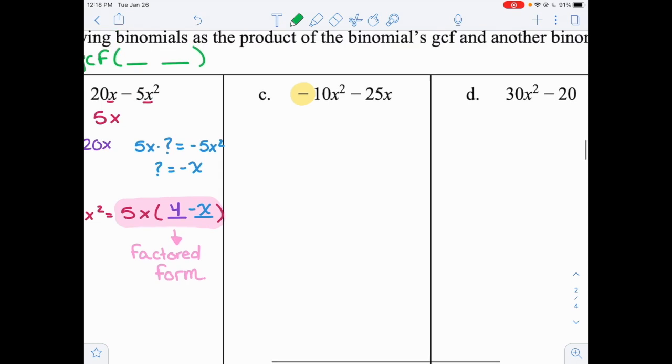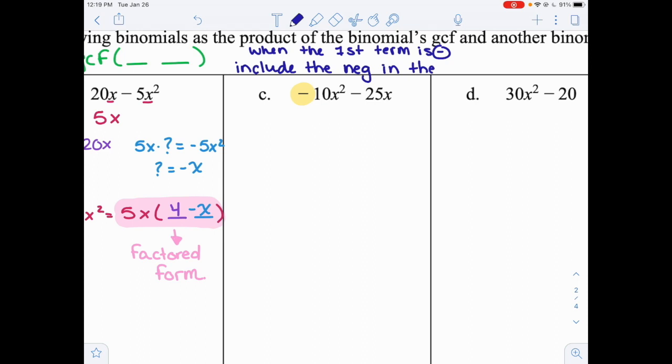So when the first term is negative and we're factoring, we're going to include the negative in the GCF. So we want to factor out the negative as well. We don't like it, so we're going to keep it as part of the GCF.